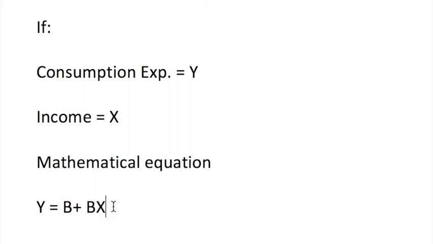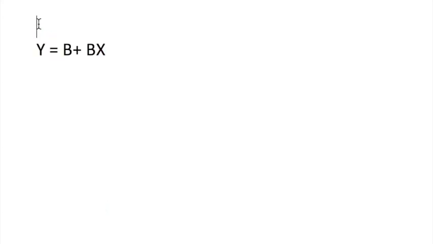Now, this mathematical equation assumes that the relationship between economic variables is exact. But in actual sense, in economics, the relationship between two variables is inexact. Aside from income, there are other variables that are likely to contribute to change in consumption expenditure.